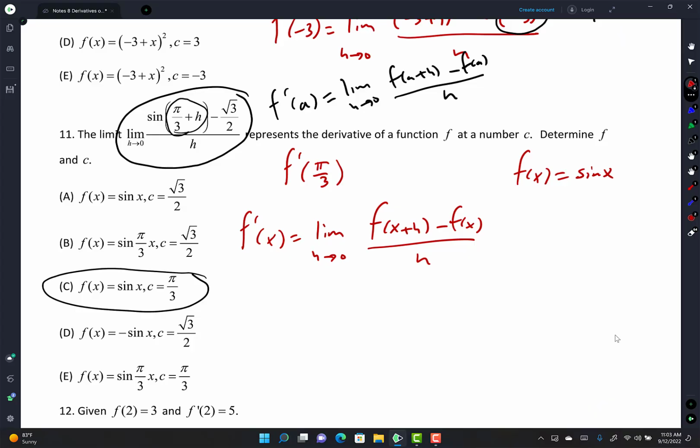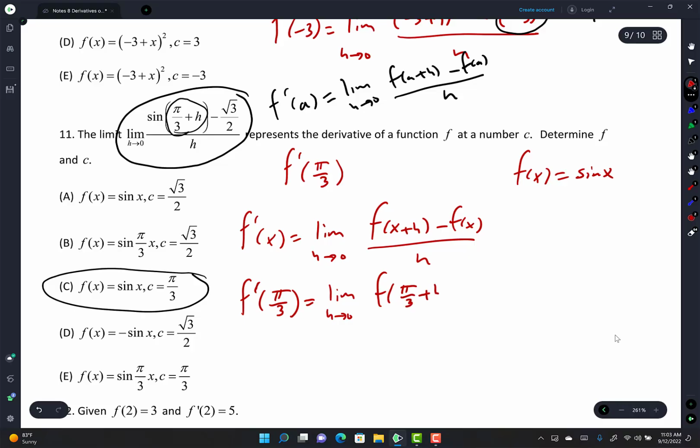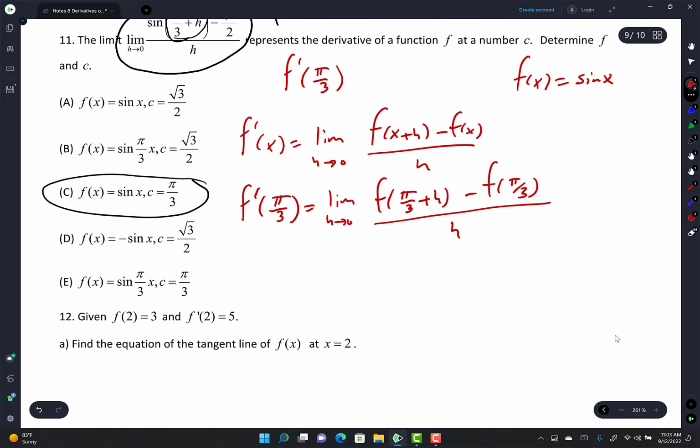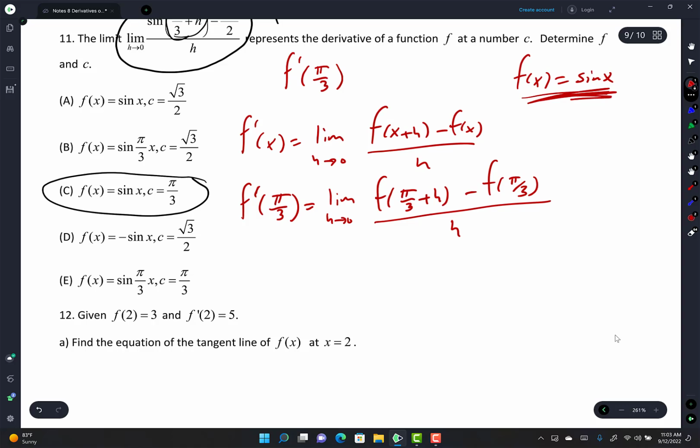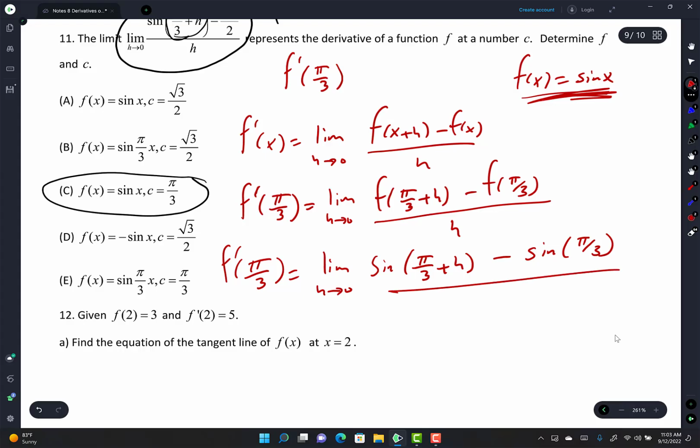Okay, now I'm asking at pi over 3, so f prime of pi over 3 equals limit as h approaches 0, f of pi over 3 plus h minus f of pi over 3 all over h. Yes or no? Then, remember, f of x is sine x, so you would go limit as h approaches 0 of sine of pi over 3 plus h minus sine of pi over 3 all over h.